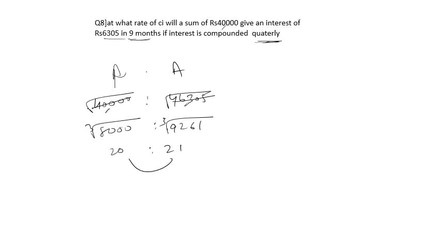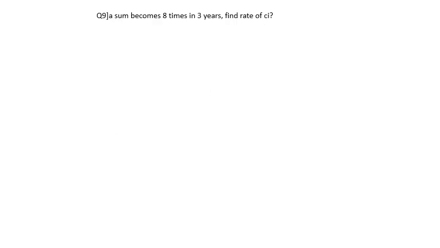So principal is 20, amount is 21, so interest of 1 on the base of 20, so 1 by 20 into 100, this is 5% per quarter. But it is asking you rate of interest per annum. So we have 4 quarters in 1 year, so into 4, this is 20% per annum is the rate of interest.